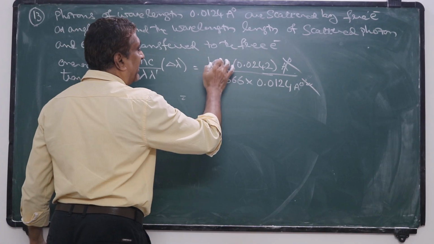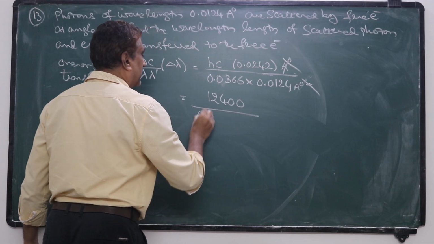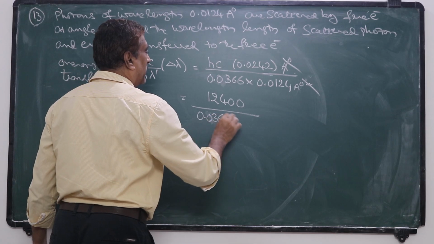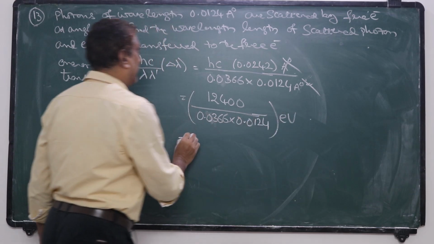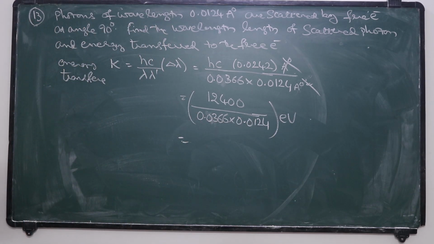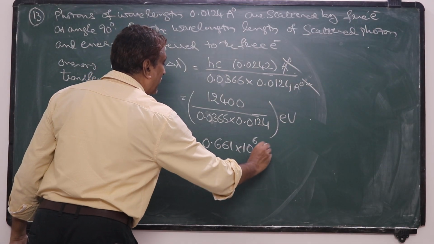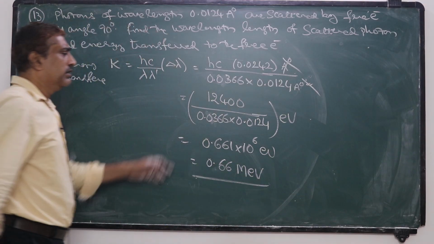Actually we can directly write hc for 1 Armstrong as 12400 by 0.0366 into 0.0124 electron volt. On simplifying we get 0.66 into 10 power 6 electron volt, or 0.66 mega electron volt. So you calculate it.